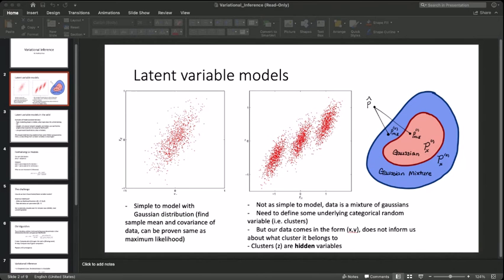But I said I gave you a function that can generate samples from a Gaussian, right? Yeah. So that is a distribution. Given that sampling function, can you think of a way to generate the data on the right?